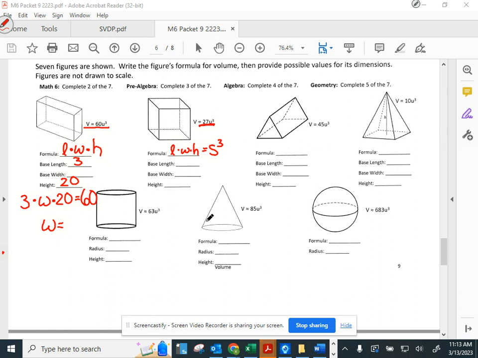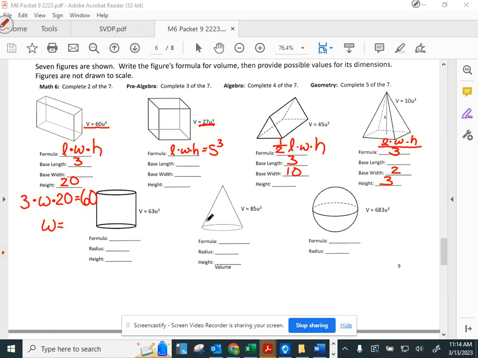If you want to do the triangular prism, it's 1/2 length times width times height. And we're going to have a length of 3 and a width of 10. If you're going to do the pyramid, it's length times width times height divided by 3. You can do a width of 2 and a height of 3.